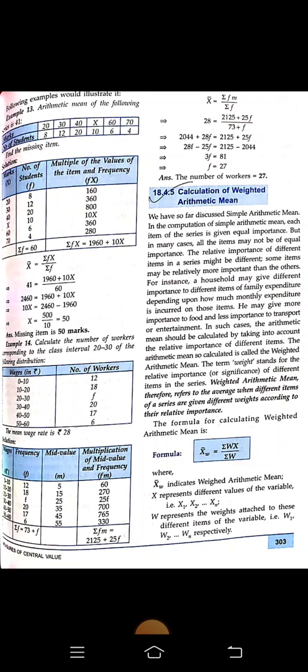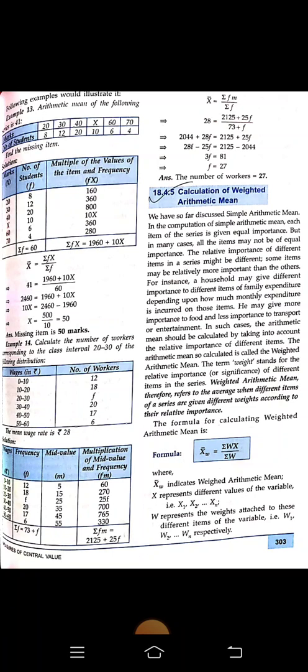Yes, calculate the weighted arithmetic mean. We have so far discussed the simple arithmetic mean. It is a computation of the simple arithmetic mean. Each item of the series is given equal importance, but in many cases all the items may not be of equal importance, as the relative importance of the different items in a series might be different. So items may be relatively more important than the others.